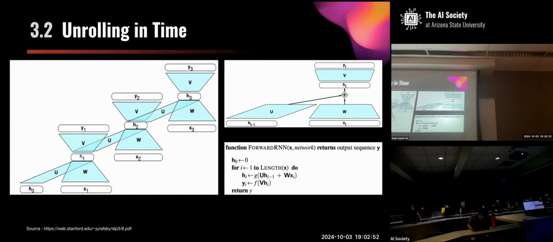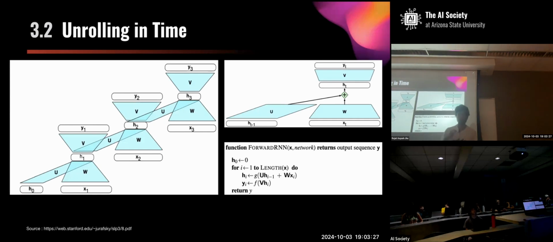As I said, this architecture for each step is the same. So let's just consider this part, and let's see what the actual architecture of an RNN is. xt is the input at time step t, and ht minus 1 is the hidden state up to time step t minus 1, and it contains all the information up to that step.